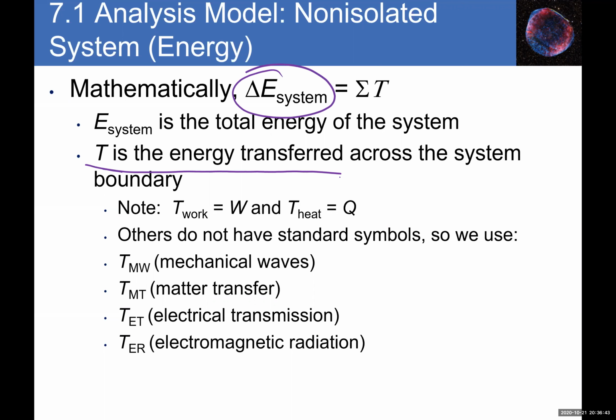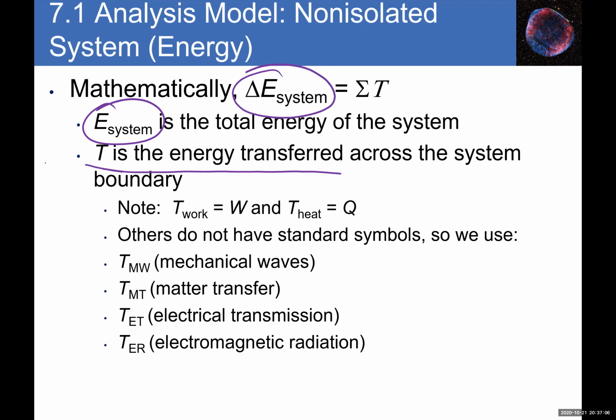That means any type of energy transfer through work, mechanical waves, heat, matter transfer, all of those things. Then you have the energy of the system, let's say at point A, in terms of kinetic, gravitational potential, spring potential, electric potential, chemical potential. All of those different types of energies.